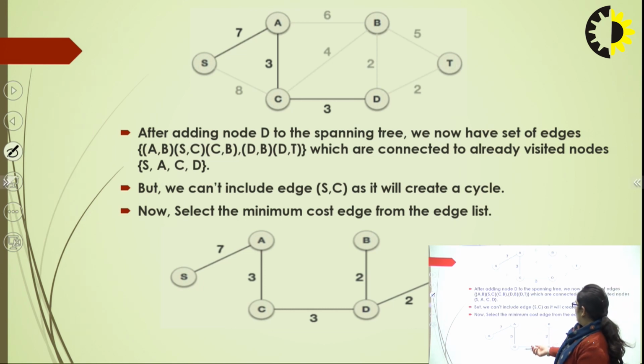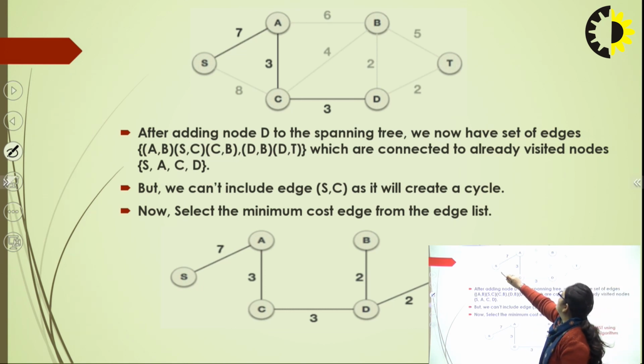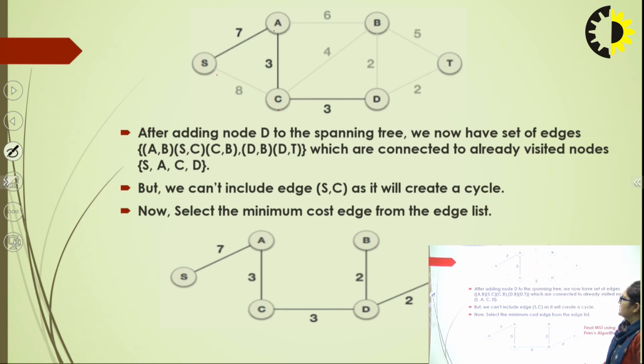So at last we have 4 visited nodes S, A, C and D. Now what is the edge list?